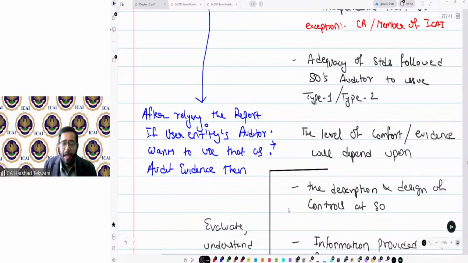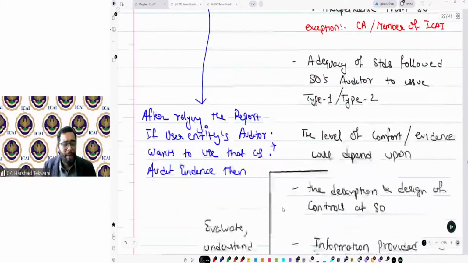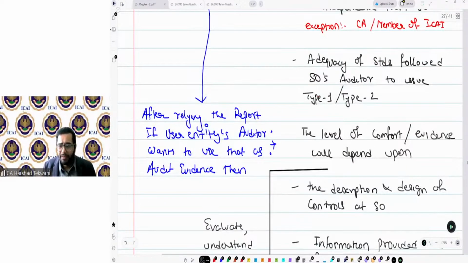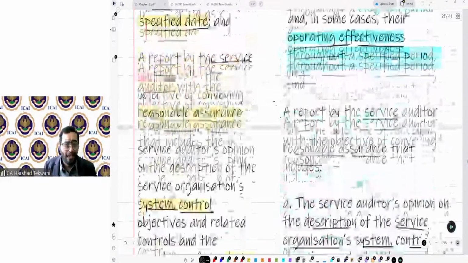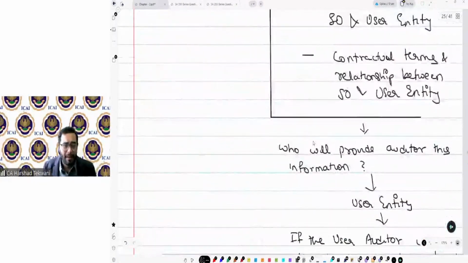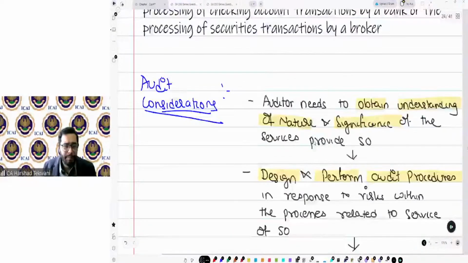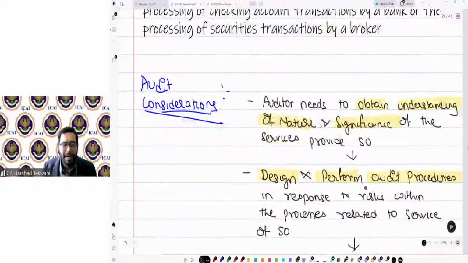And if I am using a type 1 or type 2 report as audit evidence, I will identify the level of comfort, and then remember the requirement. First, I need to obtain an understanding of the nature and significance of the service provided by the service organization.